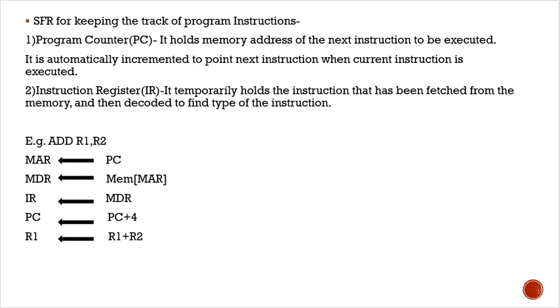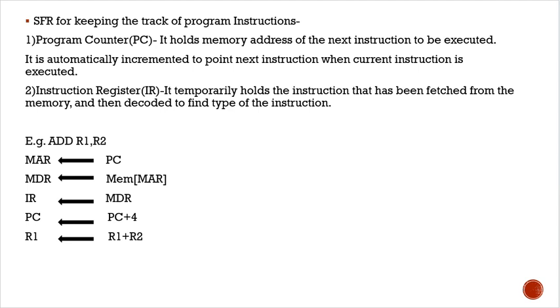Let us see the example. Here we have taken the instruction add R1 R2, which means it performs the addition of content of register R1 and content of register R2 and stores the result back into R1. So first step will be the content of PC, program counter, will be transferred to memory address register. And then the content of memory address register is transferred to MDR, which means now instruction will be in memory data register.